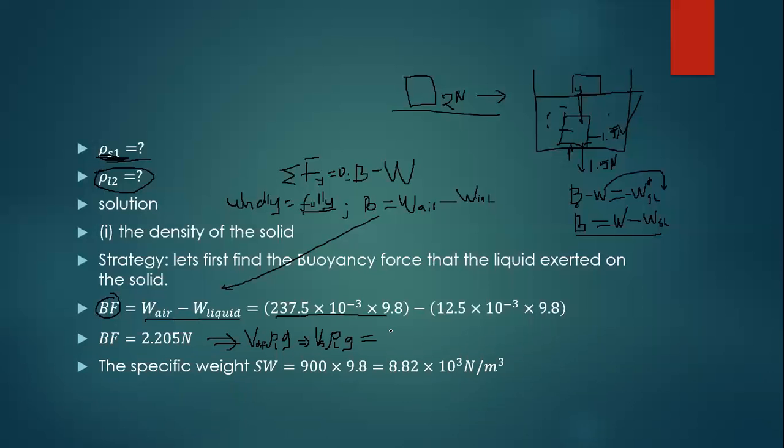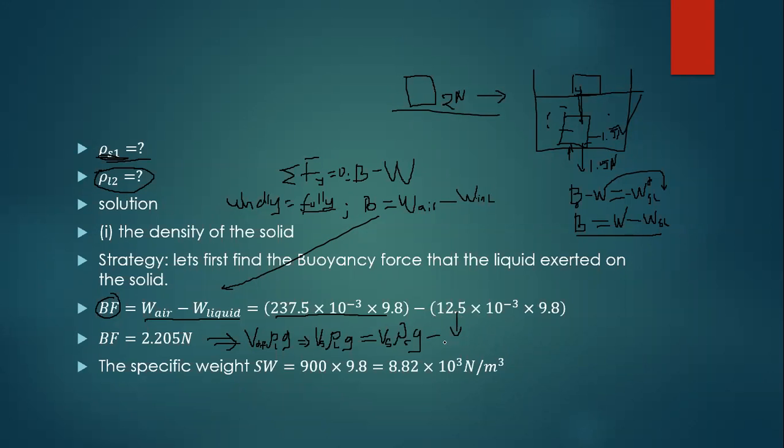Instead of writing 9.8 multiplied by the weight and all that, we would have used the volume of the solid multiplied by the density of the solid multiplied by 9.8, and then subtracted this value here.